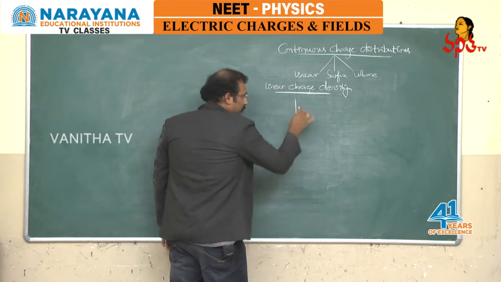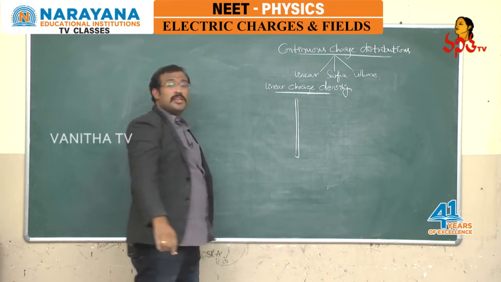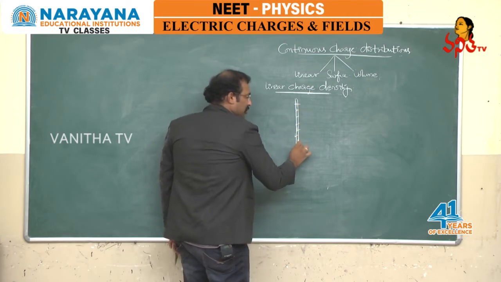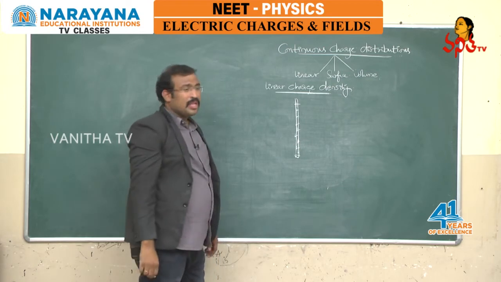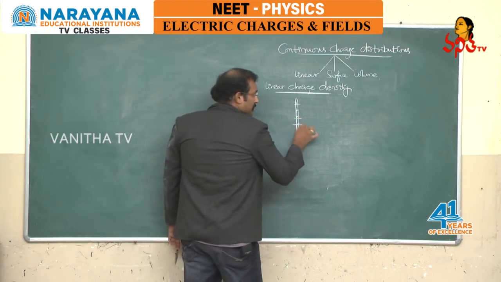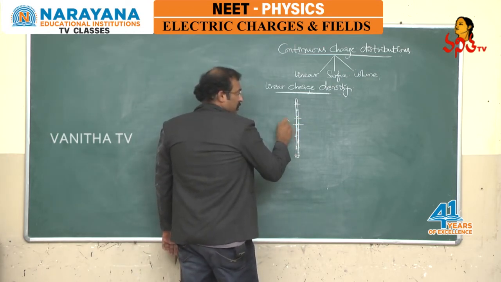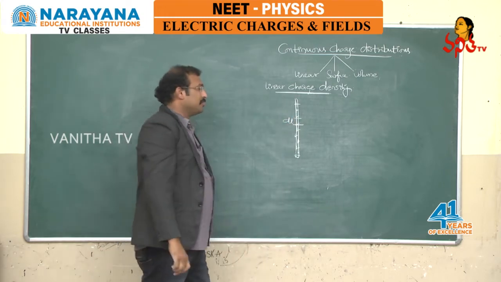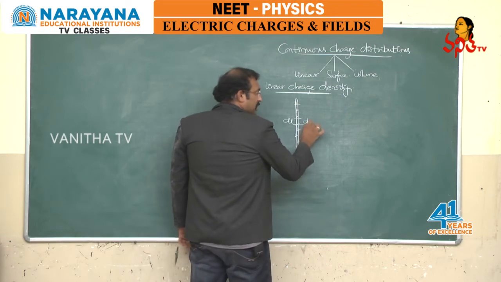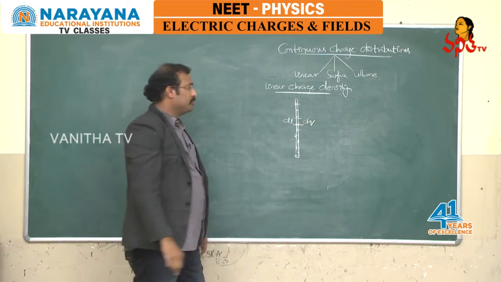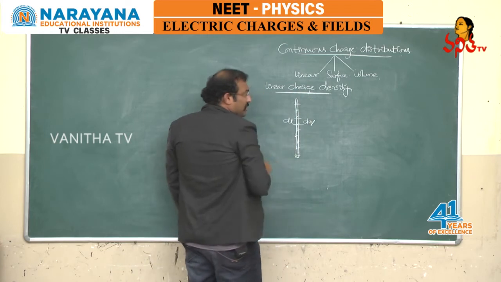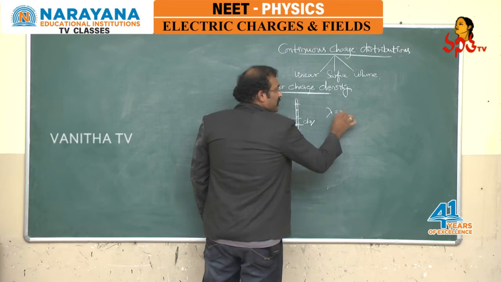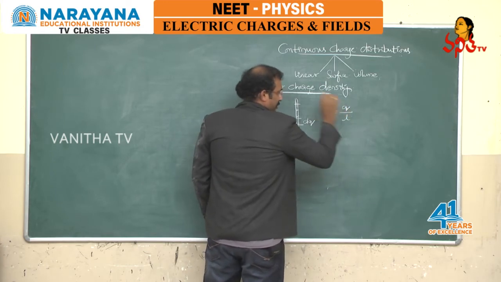Consider a wire. Let this be positively charged. Now, suppose you consider a small length dl, which is uniformly charged. Let the charge of this element be dq.